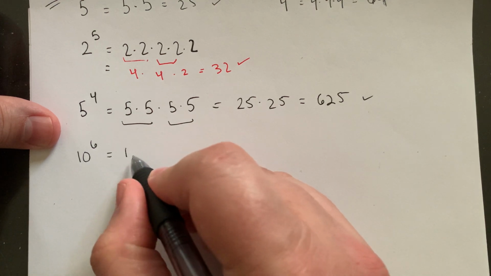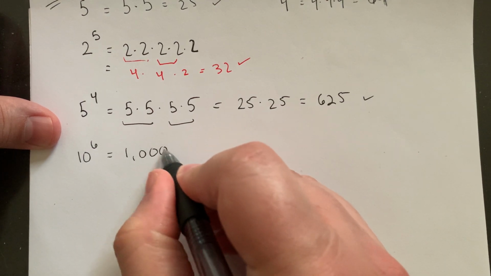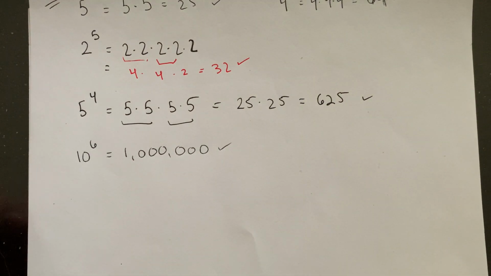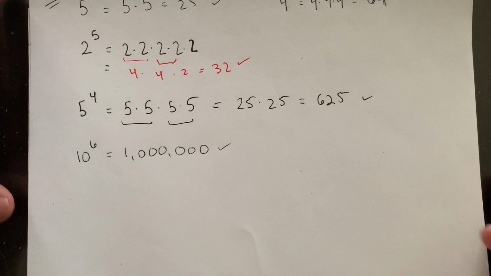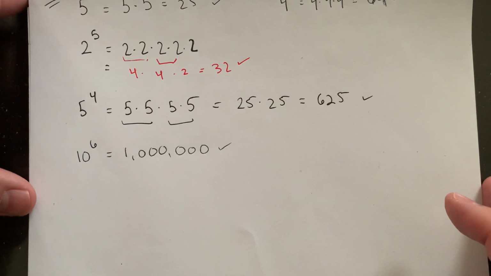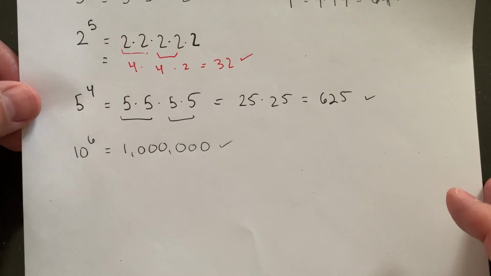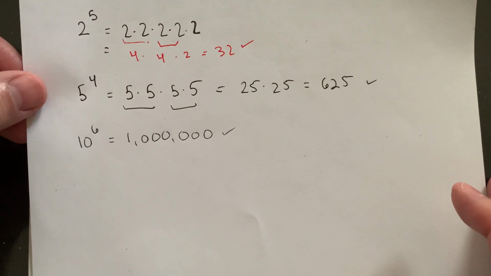So 10 to the 6 is going to be 1,000,000 because that's a 1 and 6 zeros. So something like 10 you can raise to pretty high powers and get away with it without having to think too hard. Almost any other number, unless you have a table memorized or something, it's going to get pretty big pretty fast. That's okay. That's just how it goes.